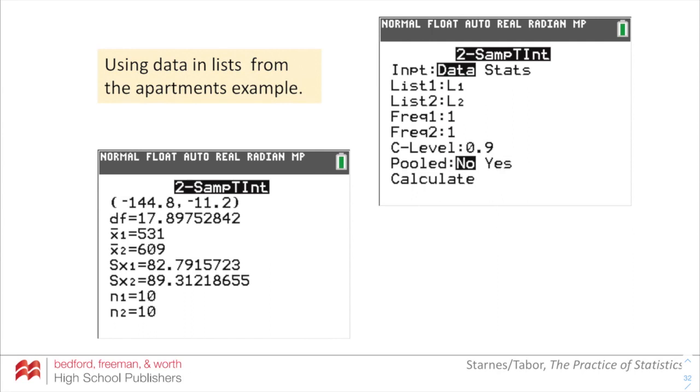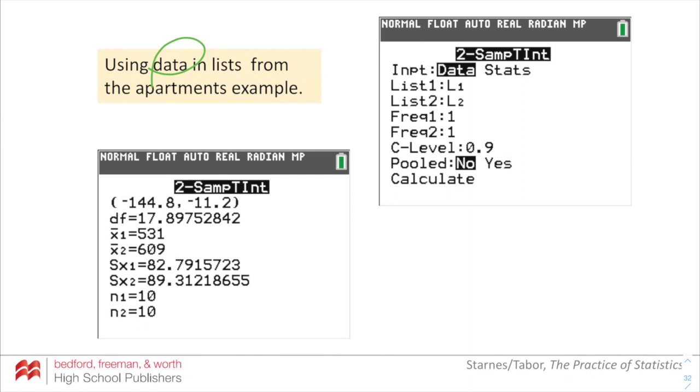Okay, the other thing that could happen is you have data. So if we have our data like the soda drinks from the restaurant or whatnot, we were given the ounces, we weren't given the summary statistics.